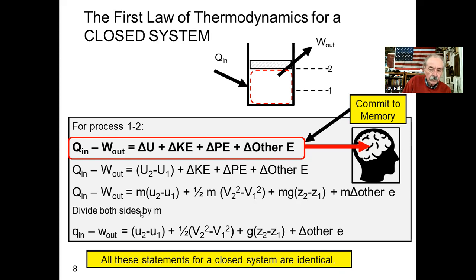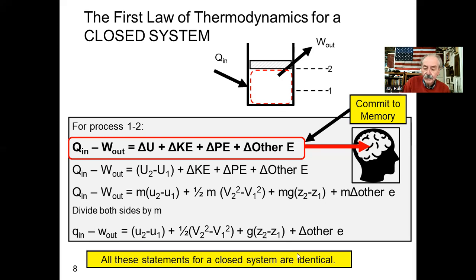Now, in terms of homework solutions, what if you divide this line by m, the mass of the closed system? You end up with little q in minus little w out, units kilojoules per kilogram, equals specific internal energy change plus kinetic energy change plus potential energy change, all in kilojoules per kilogram or foot-pounds force per pound mass or BTUs per pound.